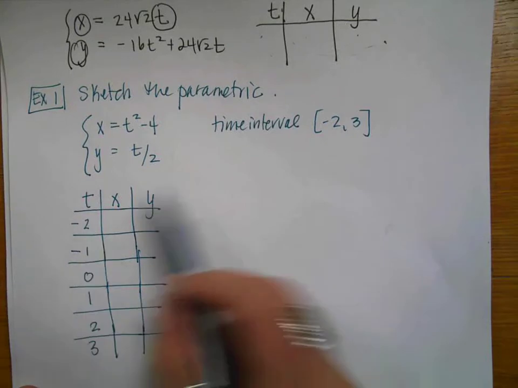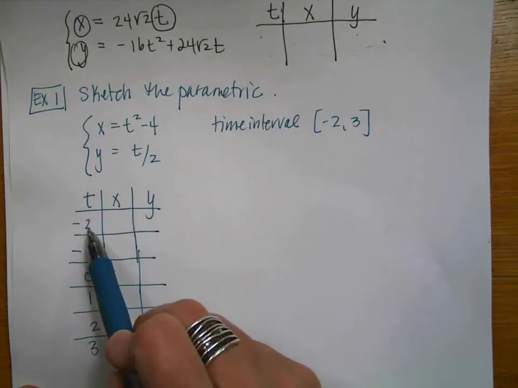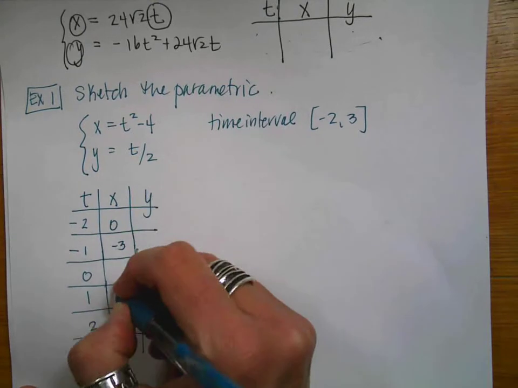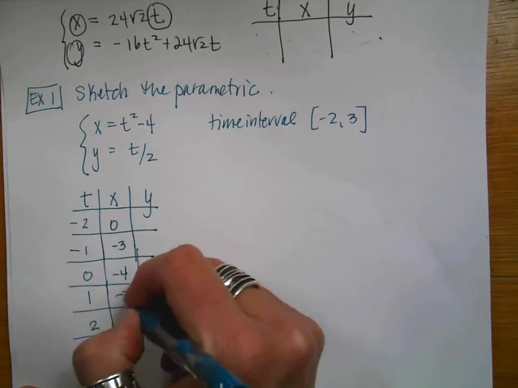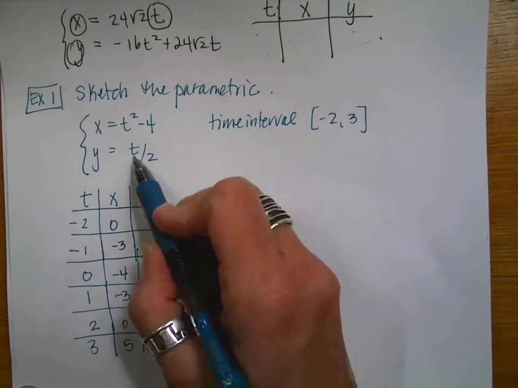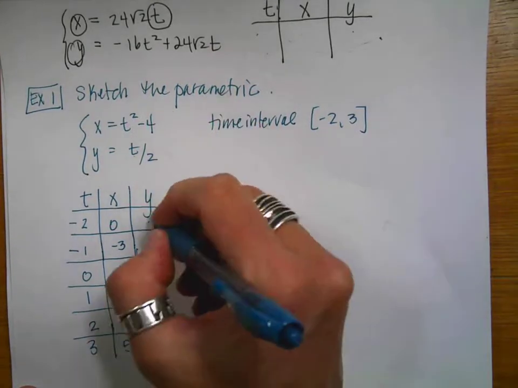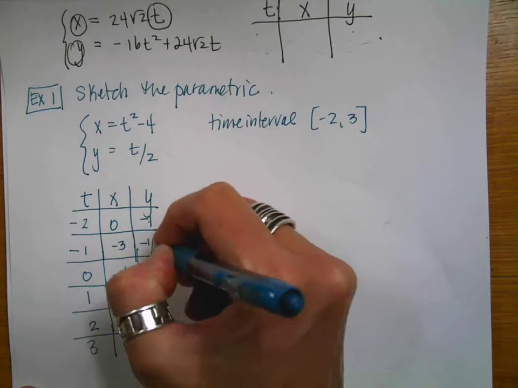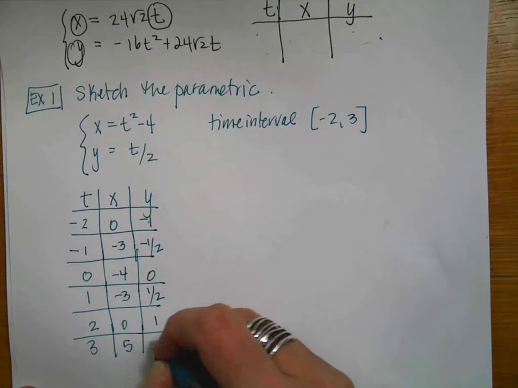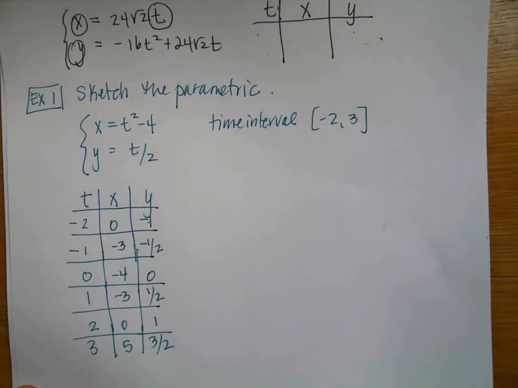Okay? Well, if time is a negative 2, that means x is going to be 0, and I'm just going to fill in these values for you instead of walking you through the calculation. Y is going to be calculated separately, so it's going to be a negative 1, a negative 1/2, 0, a positive 1/2, 1, and 3/2.